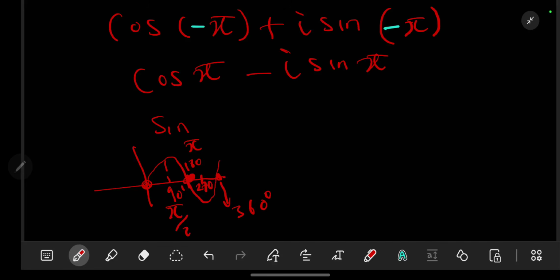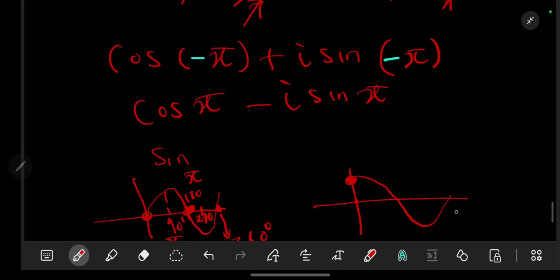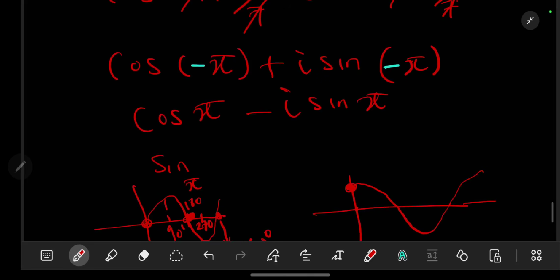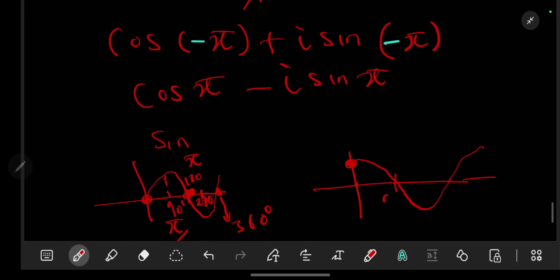Then for the cosine of pi, think of cosine as a curve. Instead of starting at 0, it starts at the top, comes down, and goes up until your 360. So this gives us 90, 180, 270, and 360 degrees. 180 corresponds with negative 1.